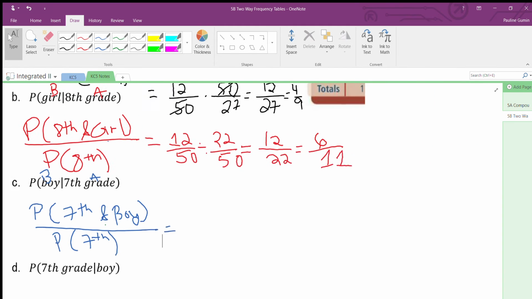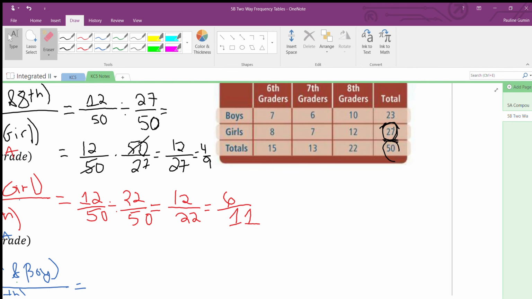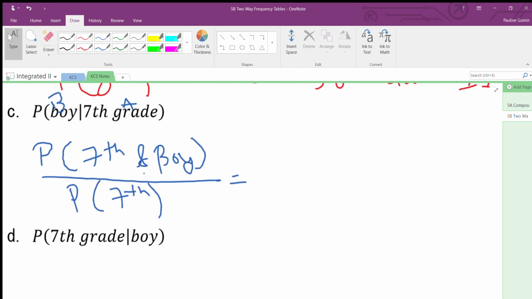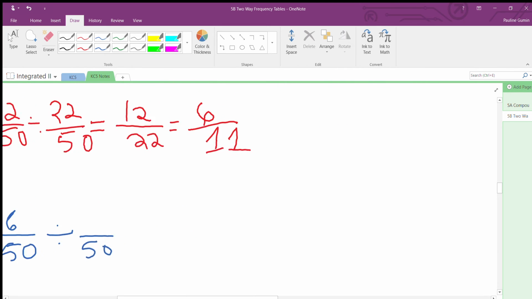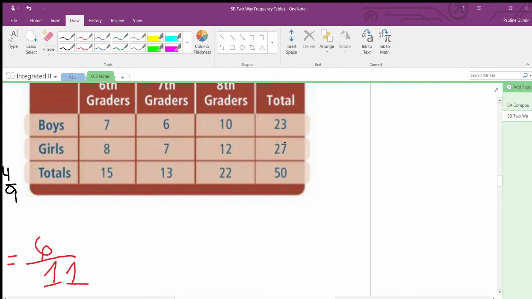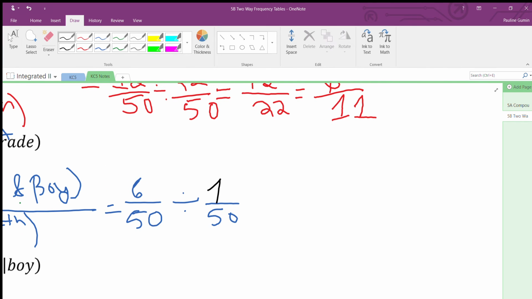Okay. Let's see. 7th grader and boy. Boy is the first row. 7th grader is the middle column, so that gives me 6. 6 out of the total of 50 campers. And the total amount of 7th graders that we have out of the 50, that's our middle column, is 13. 13 out of 50.